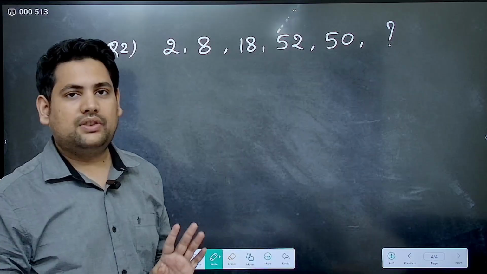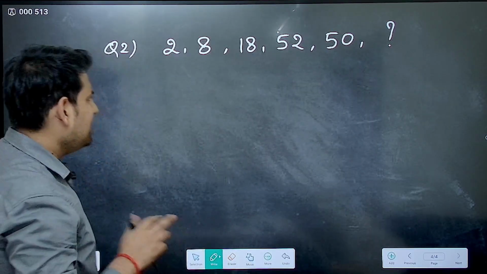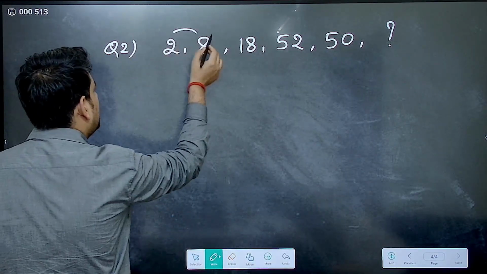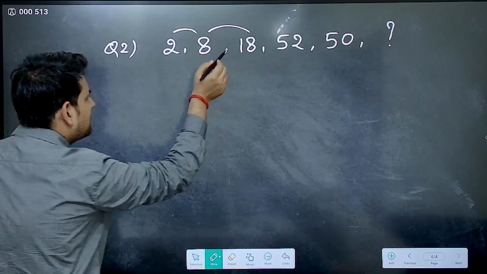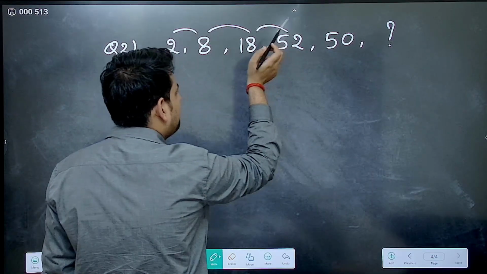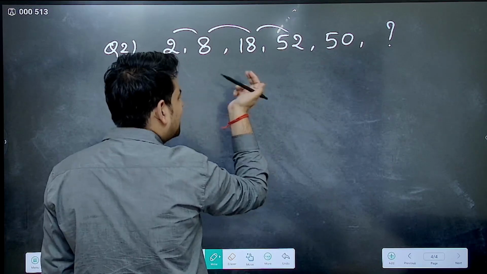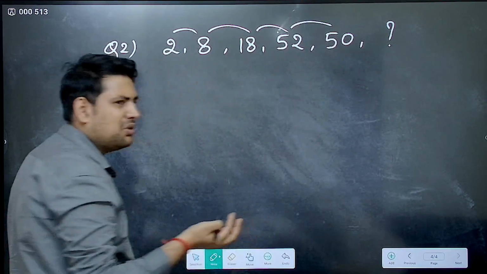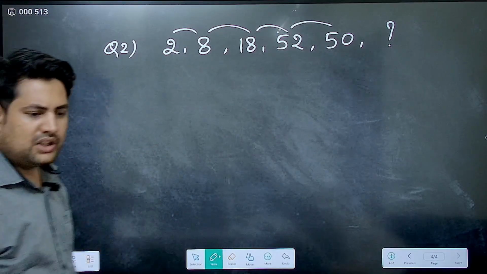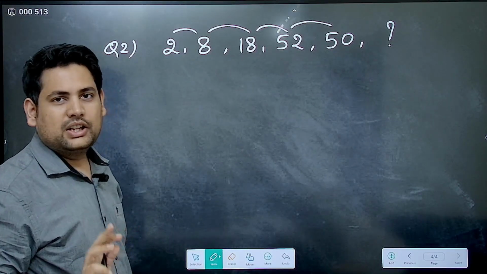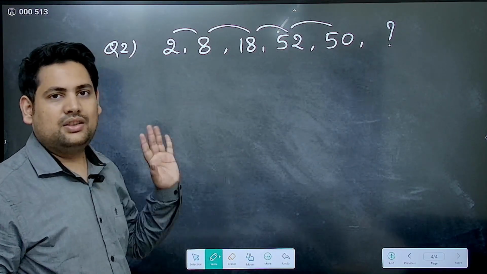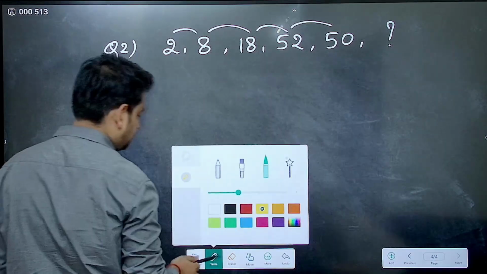Just see the multiplication pattern. This is into 4, this is approximately multiplication by 2, this is approximately multiplication by 3, maybe this is multiplication by not even 1. So there is no multiplication pattern. So then you can try this step form.